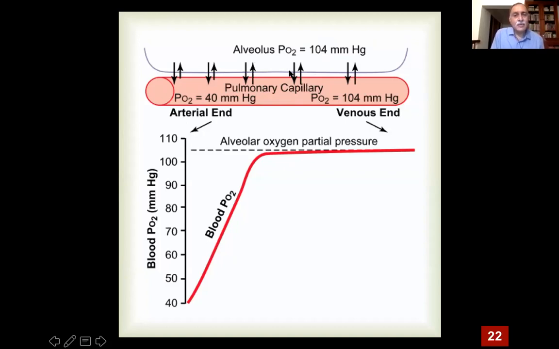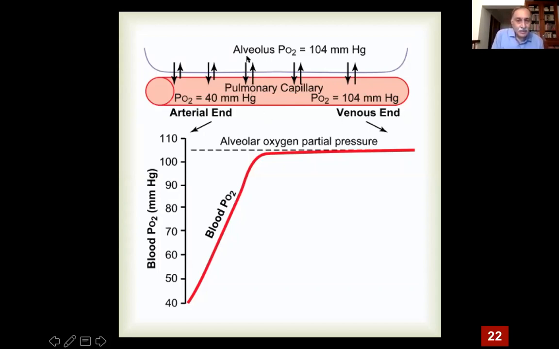This is the alveolo-capillary membrane. The purple membrane on top is the alveolar wall, and the red vessel below is the pulmonary capillary. The left end of this capillary is the pulmonary arterial end, which carries deoxygenated blood. The right end is the venous end of the pulmonary vein, which carries oxygenated blood.